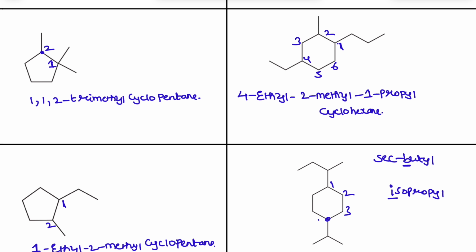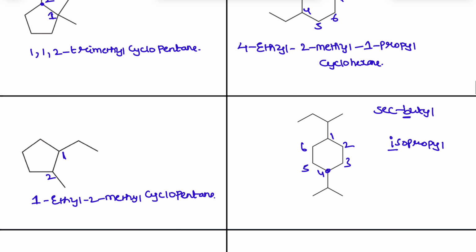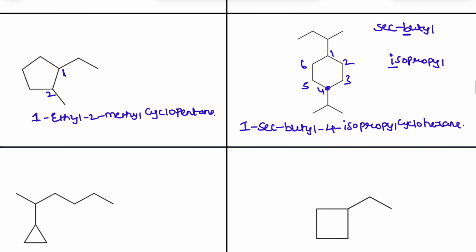1 2 3 4 5 6. So this is 1-secondary butyl, 4-isopropylcyclohexane.